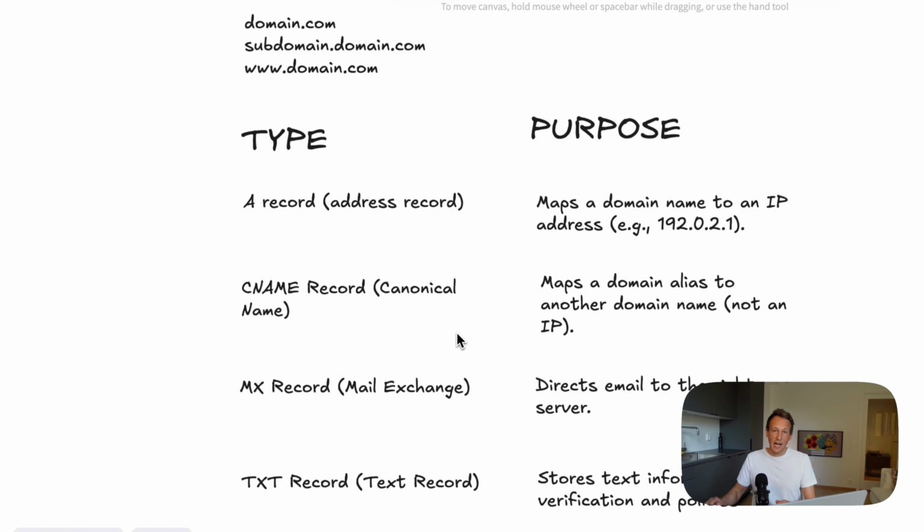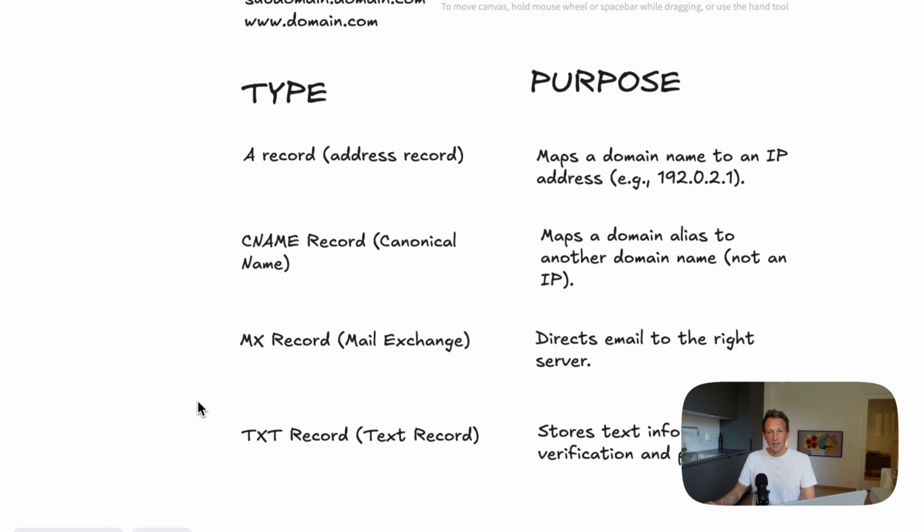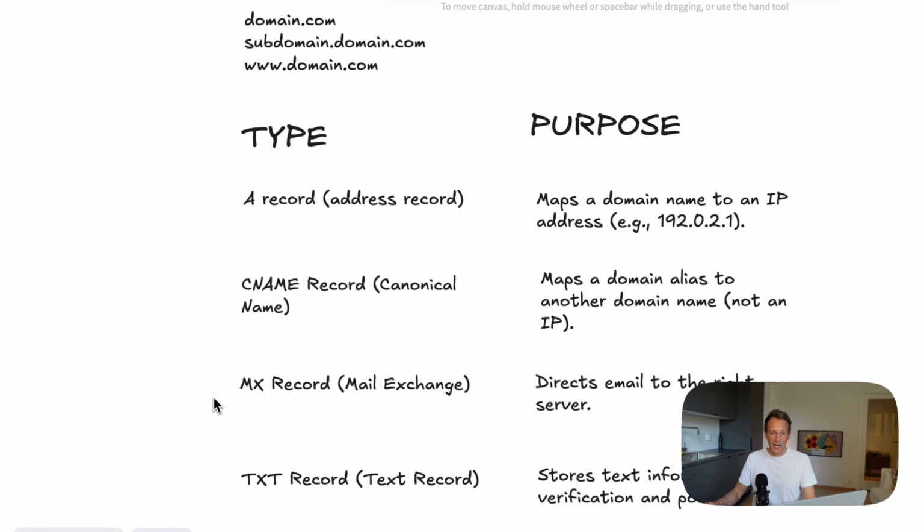So that's what we did for the www. Then there's MX records, which is used for emails, so it directs emails to the right server basically. And then there's the TXT record, which basically stores text information. We will be using that when we, for instance, have to verify Google Analytics so that it knows that we are the owner of the domain. So those are the most important types you should know about.